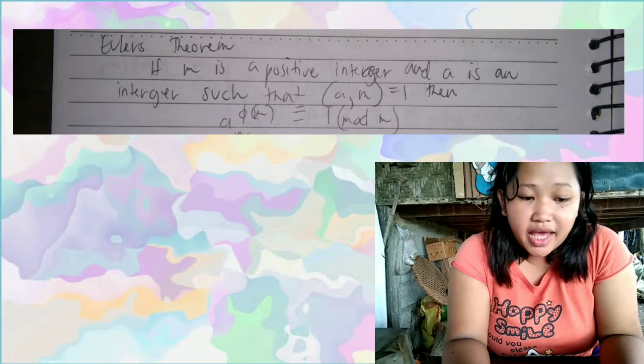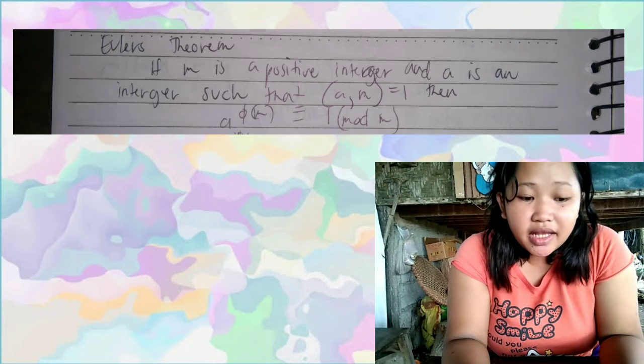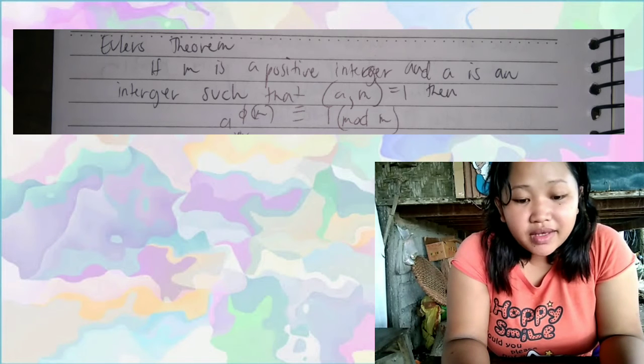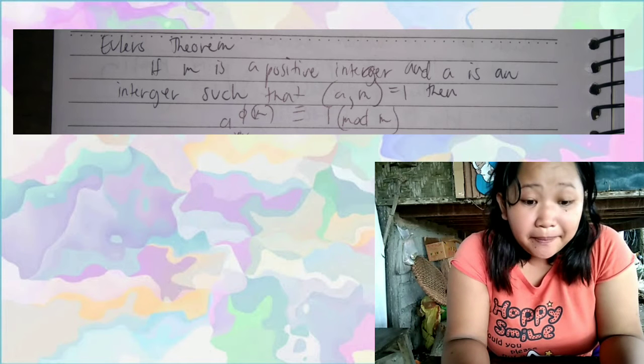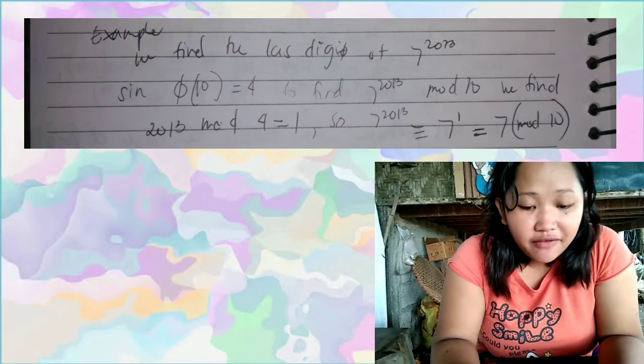Euler's theorem states that if m is a positive integer and a is an integer such that gcd of a and m is equal to 1, then a to the phi of m is congruent to 1 modulo m. Example. We find the last digit of 7 raised to 2013.